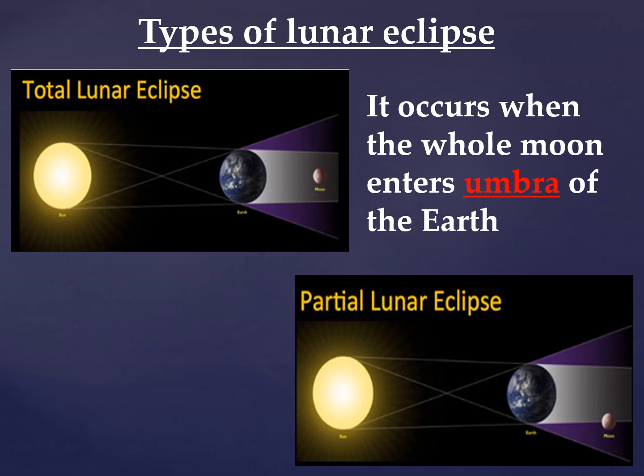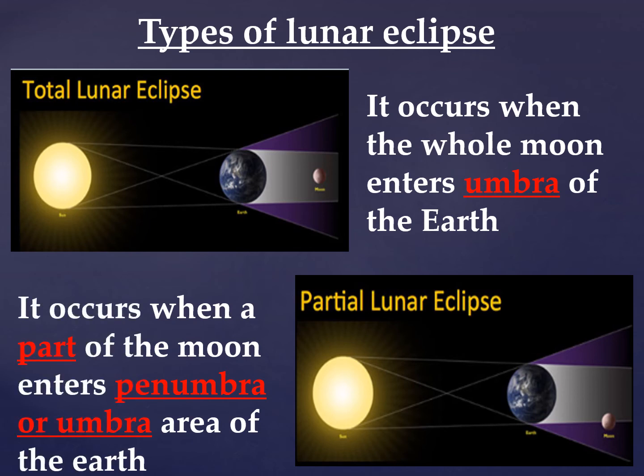Partial lunar eclipse, the second type, occurs when a part of the moon enters penumbra or umbra area of the earth. So in partial lunar eclipse, only part of the moon enters umbra area of the earth.